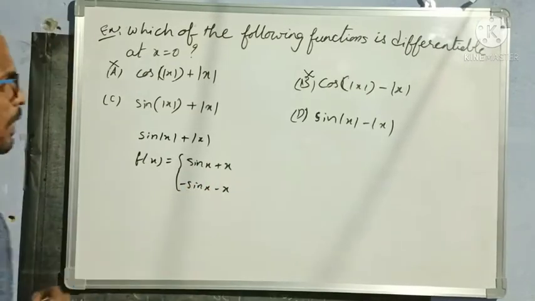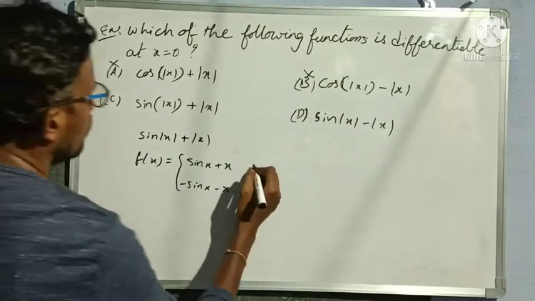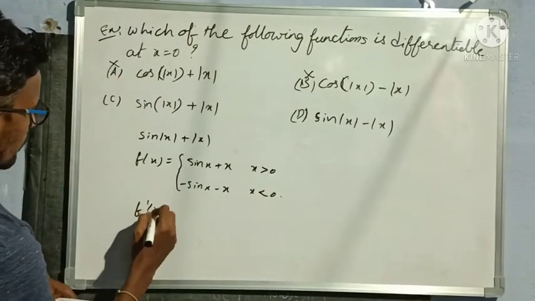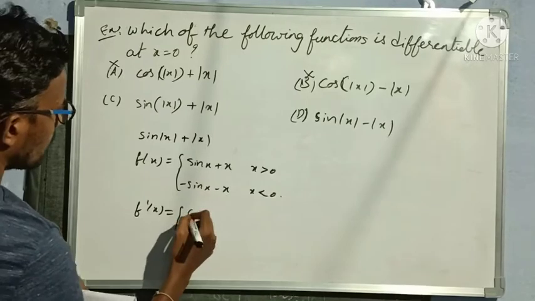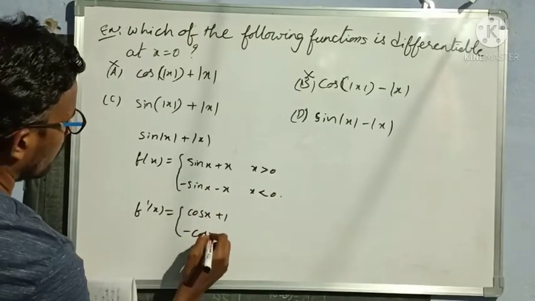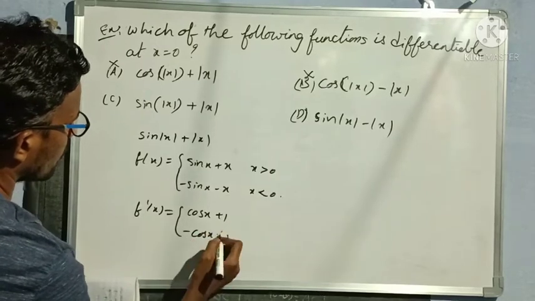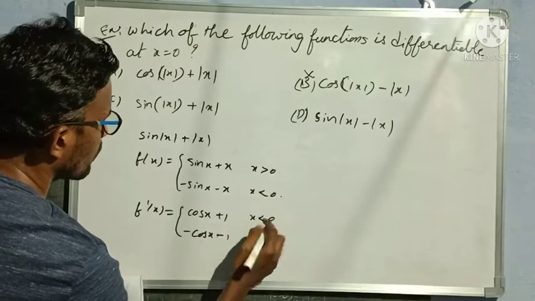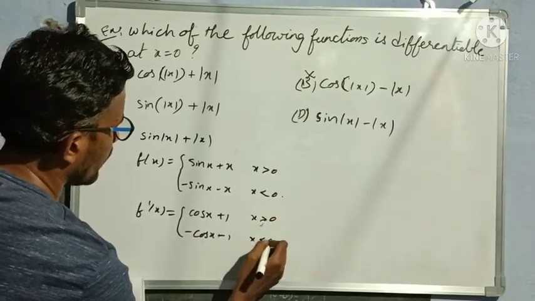Now when x is greater than 0, when x is less than 0. So f dash x, d by dx of sin x plus x is cos x plus 1, and d by dx of this is minus cos x minus 1, when x greater than 0 and when x less than 0.